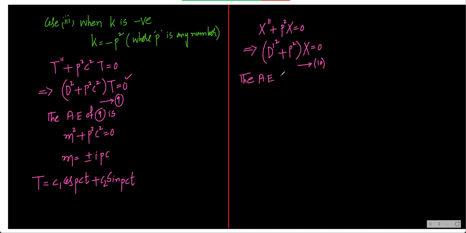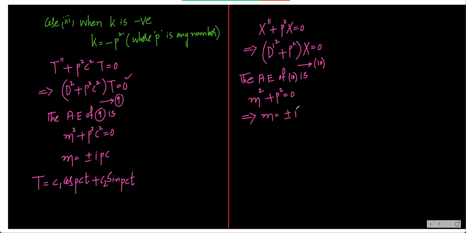But now here the particular integral is not possible because the right hand side value is 0. The auxiliary equation for equation number 10 is, how to write? m square plus p square is equal to 0. Here the same situation arises, the positive value will become negative, and then m is equal to plus or minus ip, one more time imaginary.